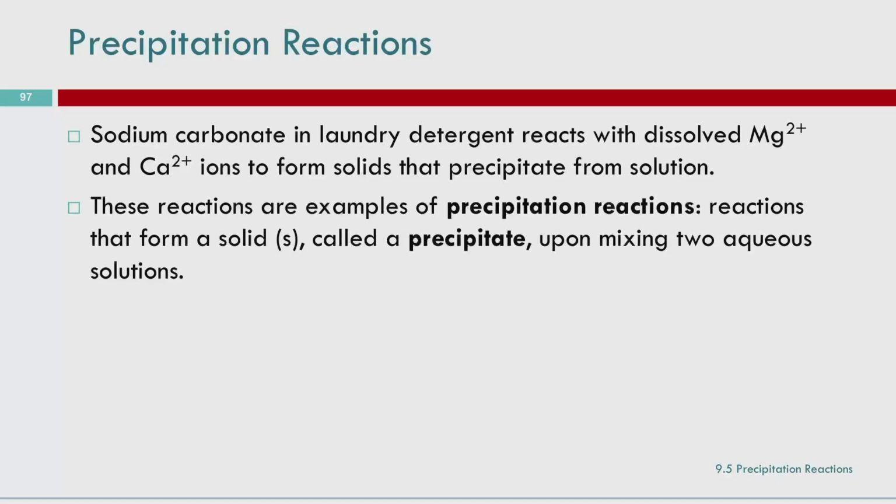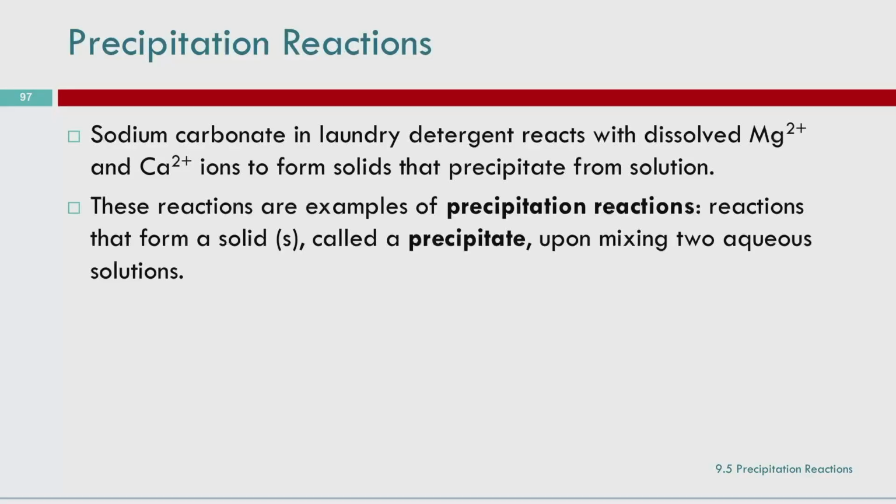Part of the reason is that laundry detergent can contain sodium carbonate that can react with dissolved magnesium and calcium ions, which form precipitates from solution.